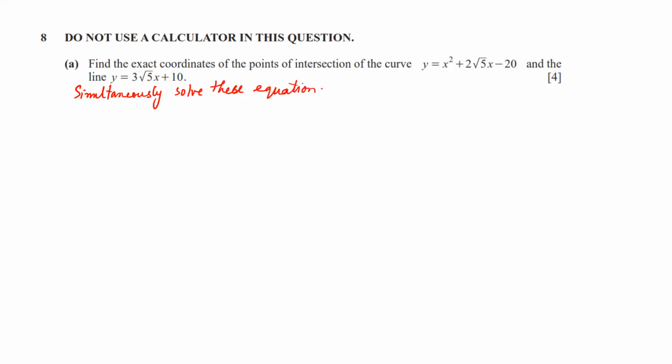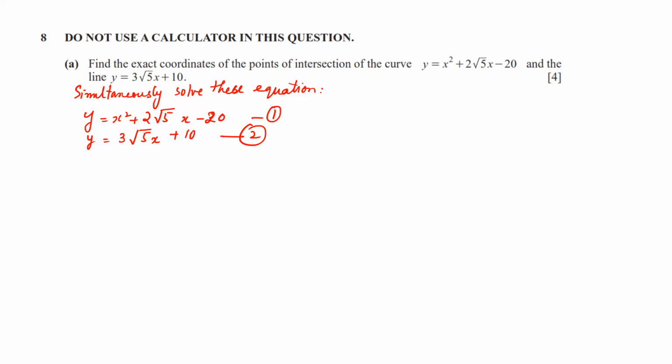Okay, we have to simultaneously solve these equations. So we are given y is equal to x square plus 2 under root 5 x minus 20. This is my one equation. And y is equal to 3 under root 5 x plus 10.